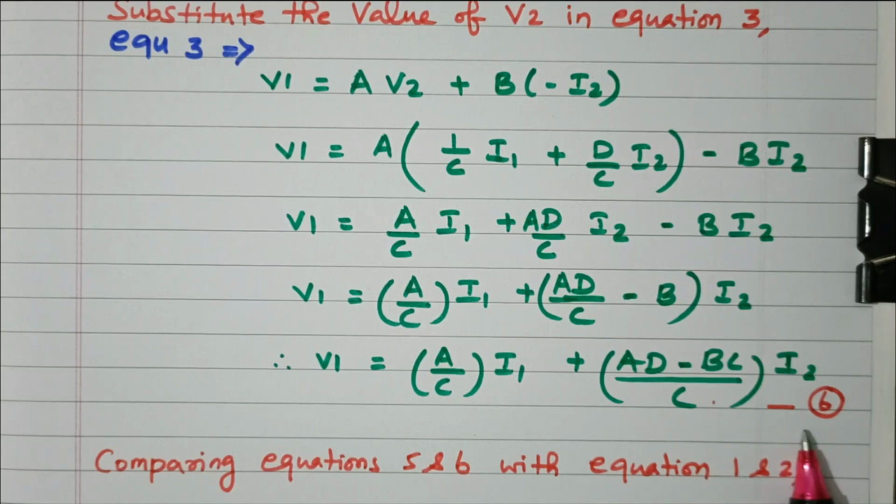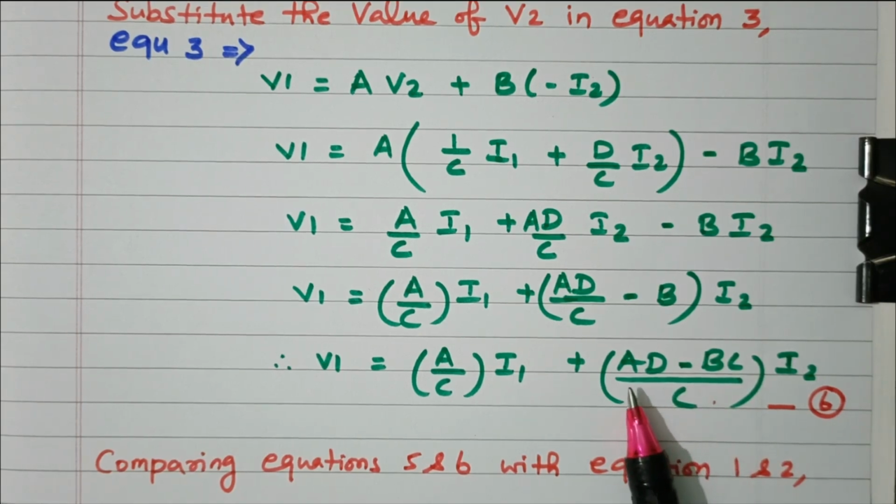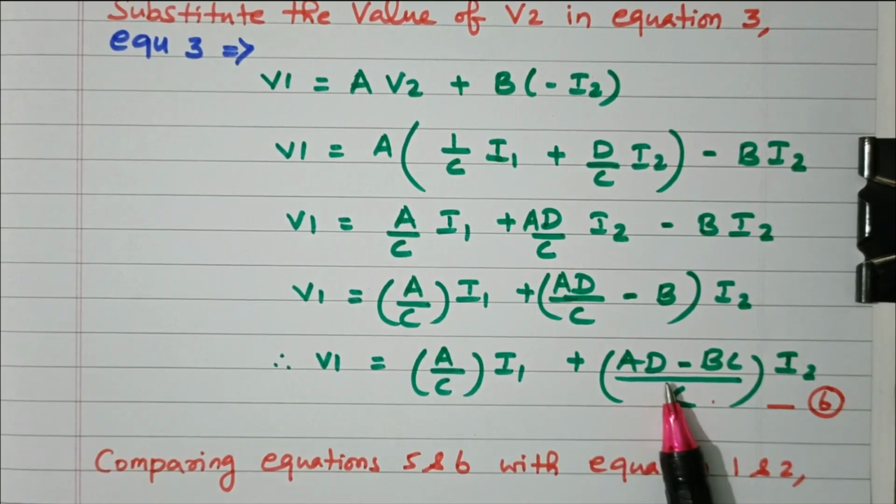We'll take this as equation number 6. Equation 6 is nothing but V1 equal to A by C I1 plus AD minus BC divided by C into I2. AD minus BC can be written as delta ABCD, that is the determinant of the ABCD matrix, but here it is written directly.